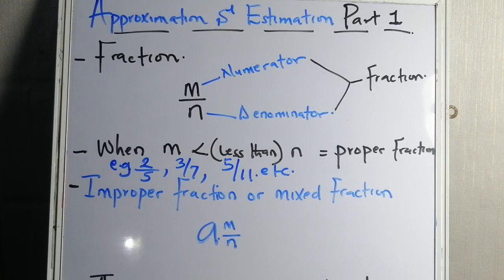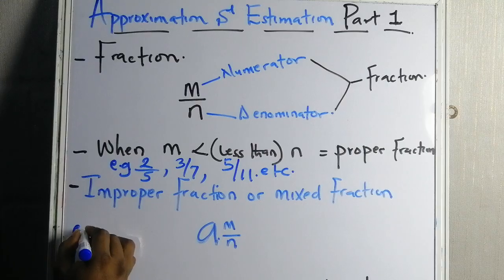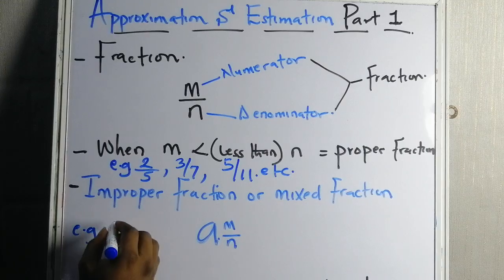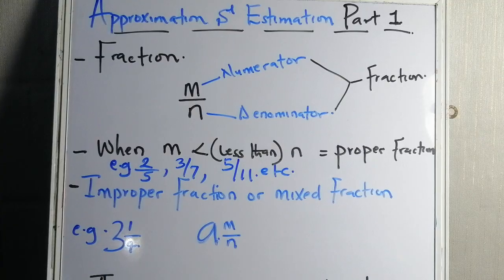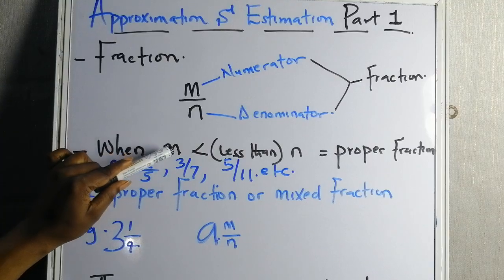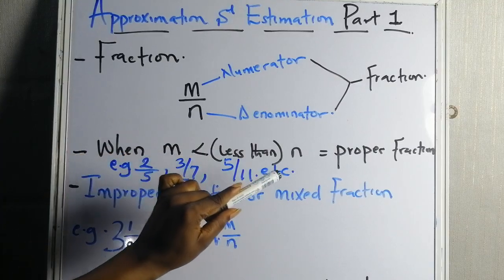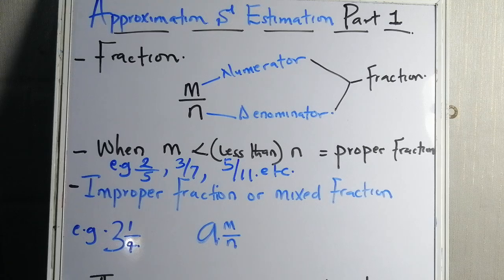I can give an example, say 3 whole number 1 over 4. So it's the opposite of proper fraction. In this case, 4 times 3, 12, 12 plus 1, 13 over 4. You see that the numerator is greater than the denominator. For the first one, the proper fraction, the numerator is less than the denominator, which is m less than n.